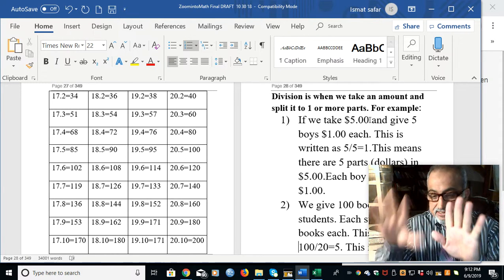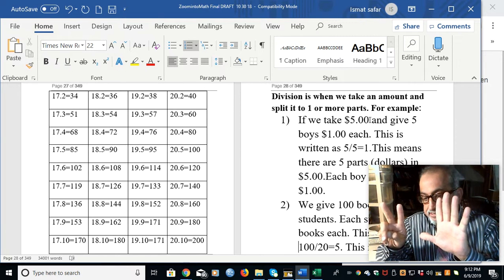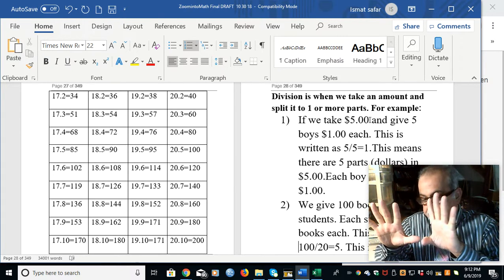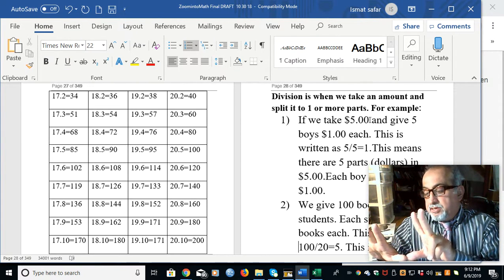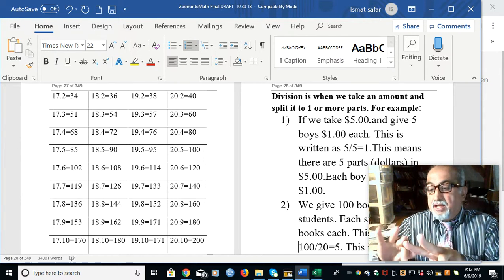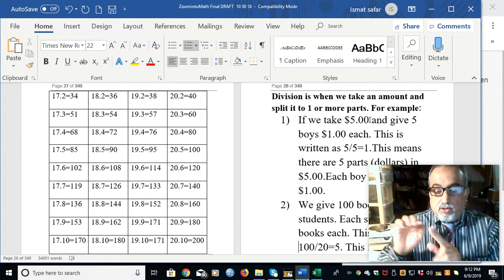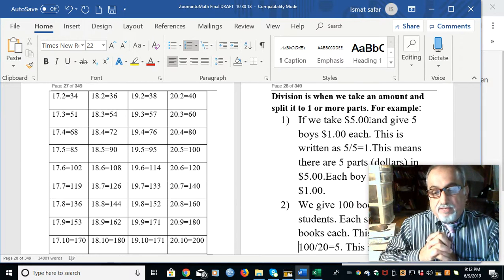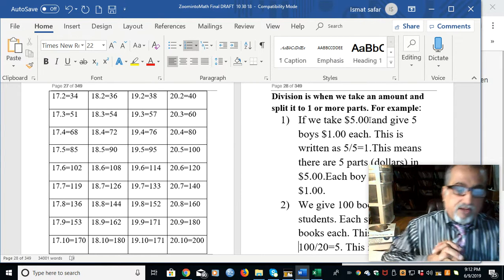So we have 6, and we have 2. We're going to give them to 2 people. So each of these 2 will have 3, because these 3 will go to this guy, and these 3 will go to this guy, right? So 6 divided by 2 is 3.